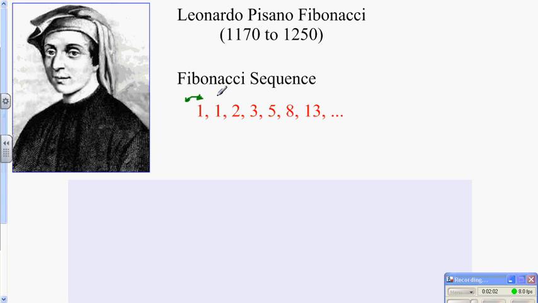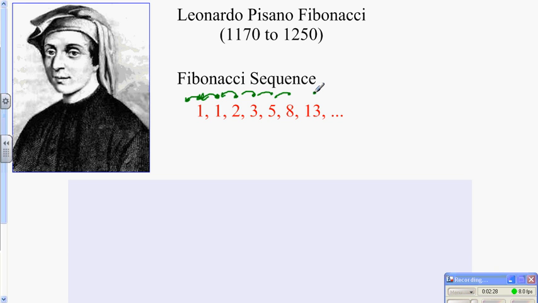Well, there's nothing there, so it goes to 1. The algorithm says take that number, add it to the one before it. That's our 2. To get the next number, we take 2, add it to the one before it, and we get 3. Add it to the one before it, and you get 5. Add it to the one before, you get 8. Add it to the one before, you get 13.